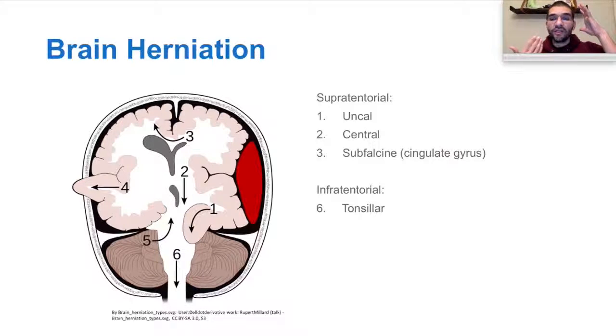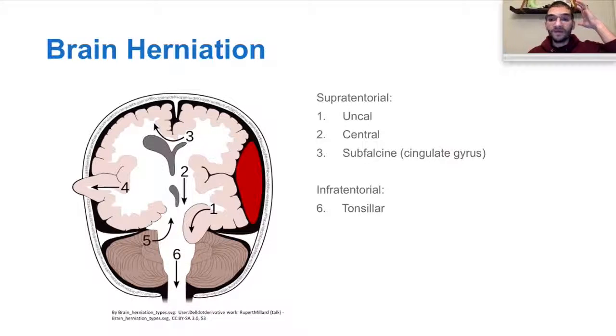It will press on the cerebral peduncle on that side, and therefore the motor axons coming from that side will be injured or pressed upon, and the left side of the body's motor function will be injured. So that's why it's called the false localizing sign, because the dysfunction, the left side, is on the same side as the initial brain injury, right?